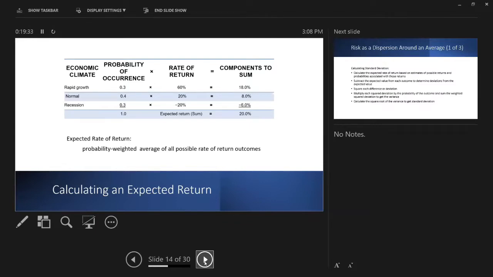If the economy is normal, you expect a rate of return of 20%. And when the economy is in recession, say the probability is 30% that the economy is going to be in recession, the expected return could be minus 20%. From there, we calculate the expected rate of return.